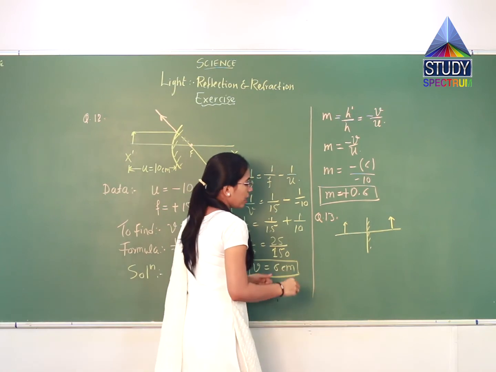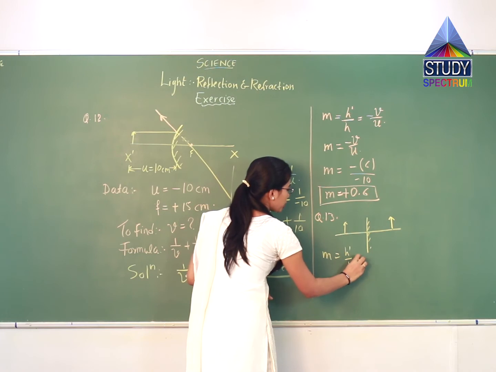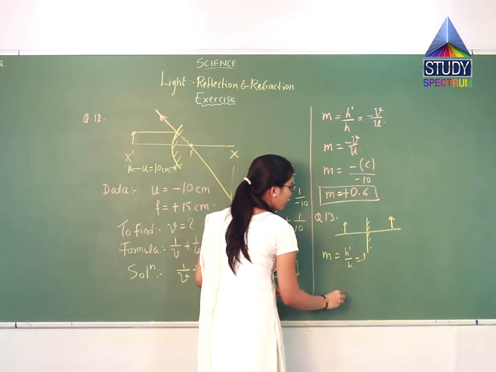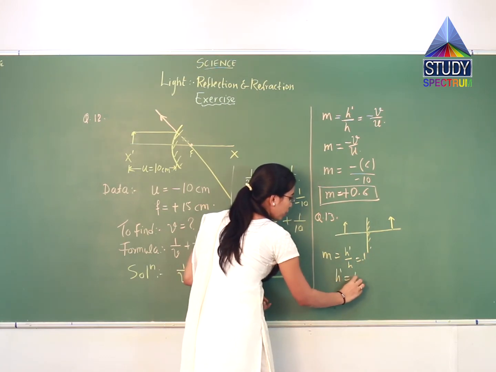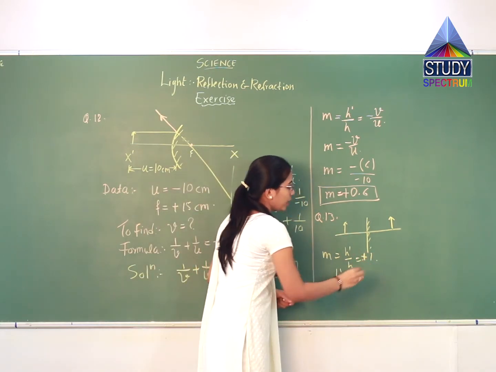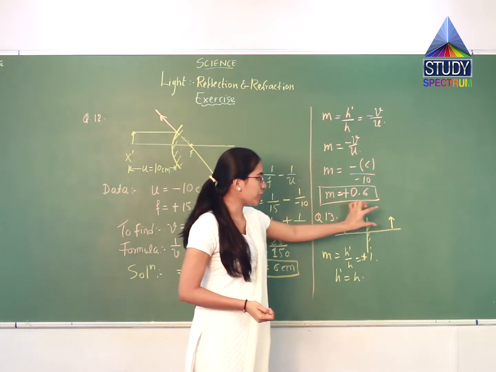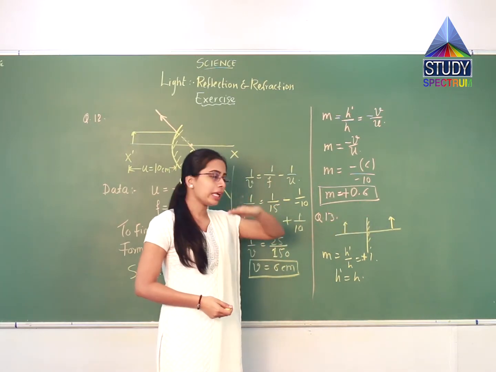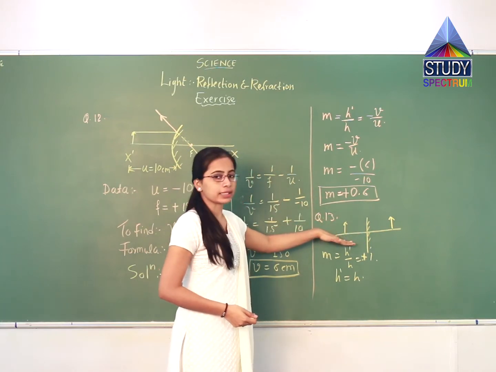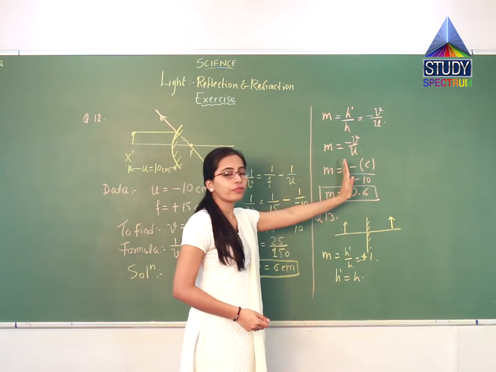So you can see magnification, that is h dash upon h is 1, right? So that means h dash is equal to h, and also it is +1. That means both the object and image are lying perpendicular on the x-axis, means they are moving in the plus axis of y direction.